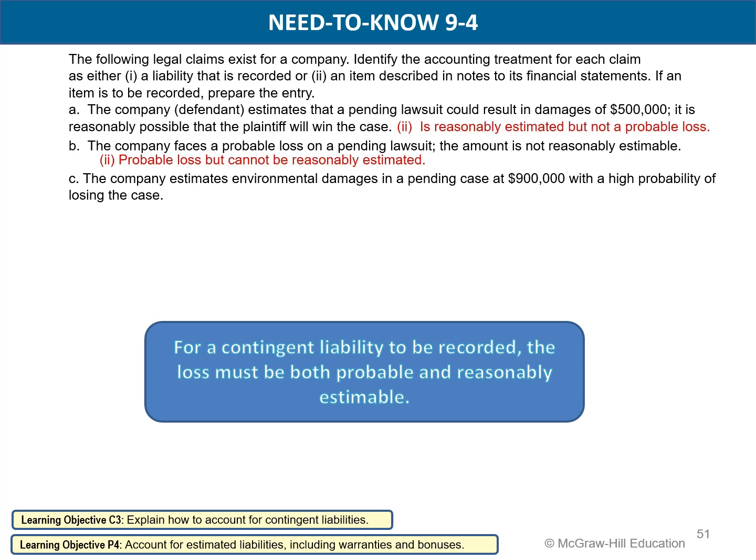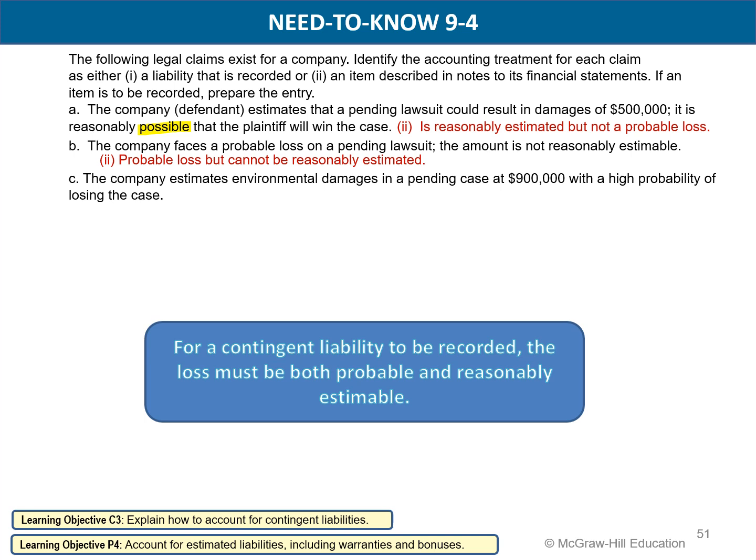Oh, I didn't know I was going to give all the answers at once. Well, there you go. So if it is reasonably estimated, but it's not probable, they say it's possible, you don't have to record it, because to be recorded, it must be both probable and reasonably estimable.